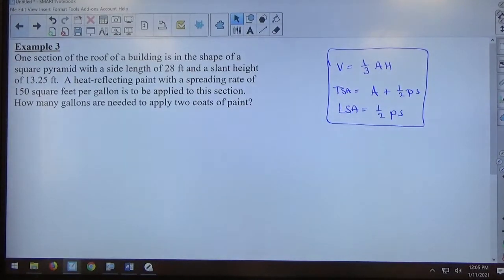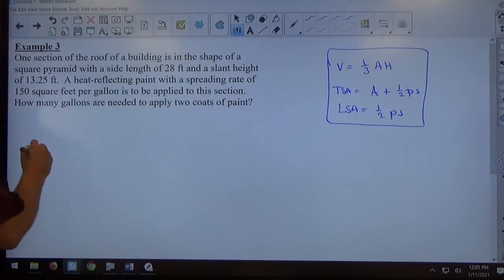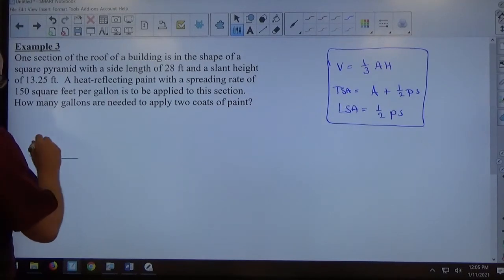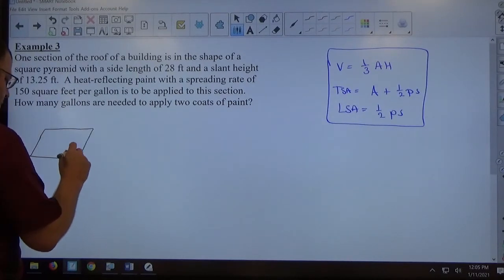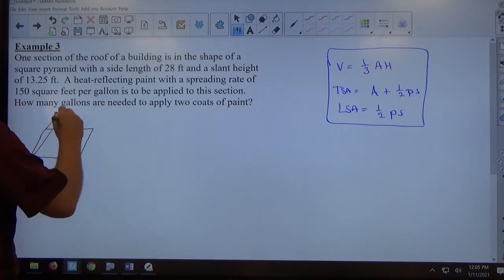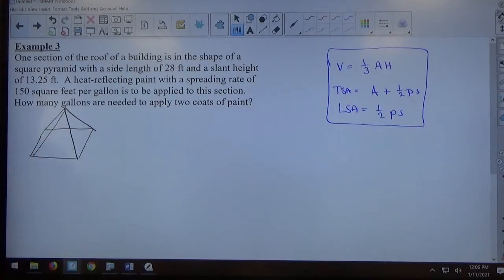The square pyramid has a side length of 28 feet and a slant height of 13.25 feet. So what they're telling me is we have some square base here, so let's just pretend we have a square base like so. And the pyramid comes up to a point like so. The side length of the square is 28 feet.